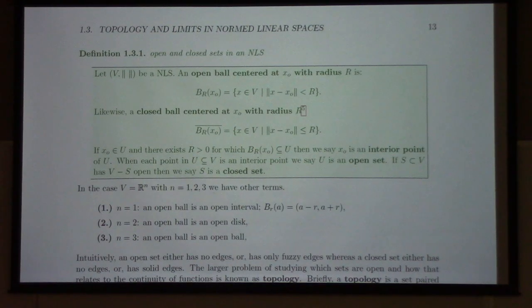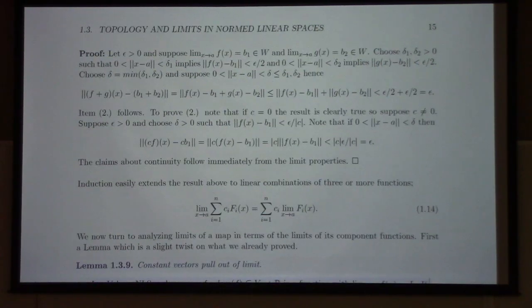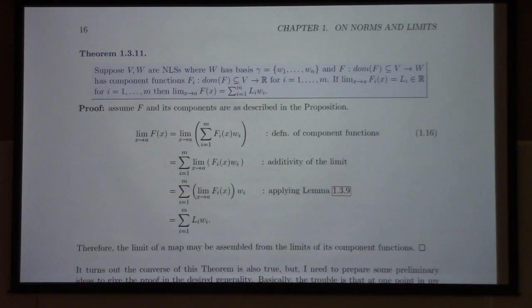Okay, so we got open balls, we got closed balls. We talked about sort of the punchline last time. If you have a function on normed linear spaces and you have component functions, if you know the limits of the component functions each exist, then you can put together the limit of the whole thing by just taking the appropriate linear combination of the limits of the component functions.